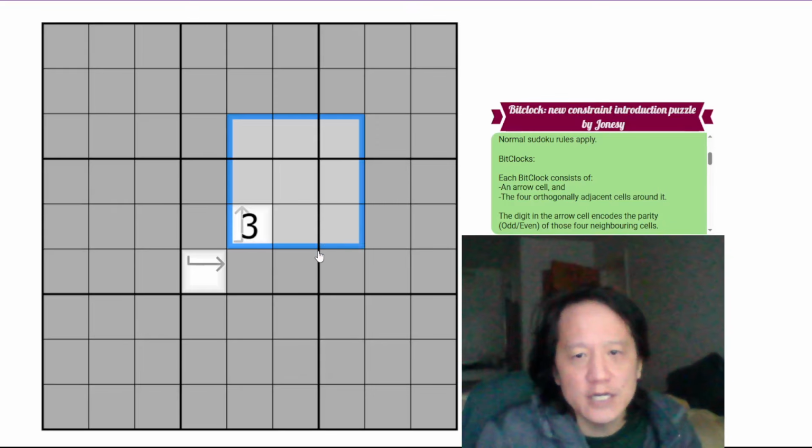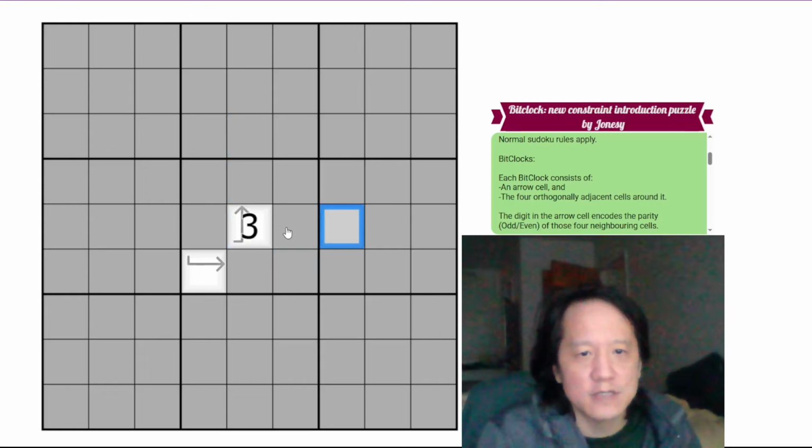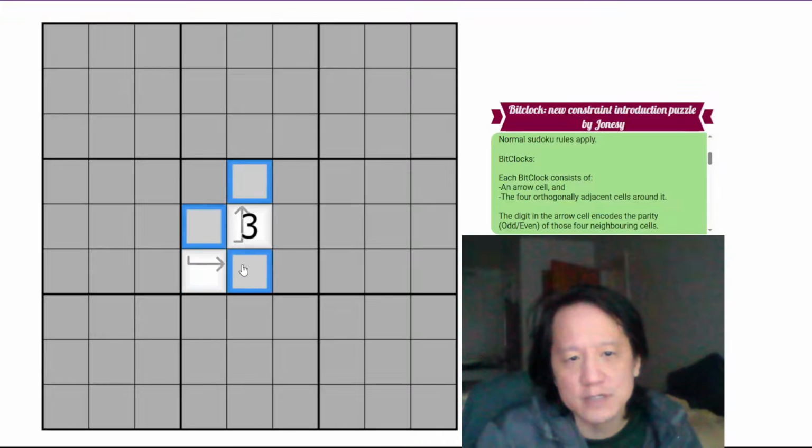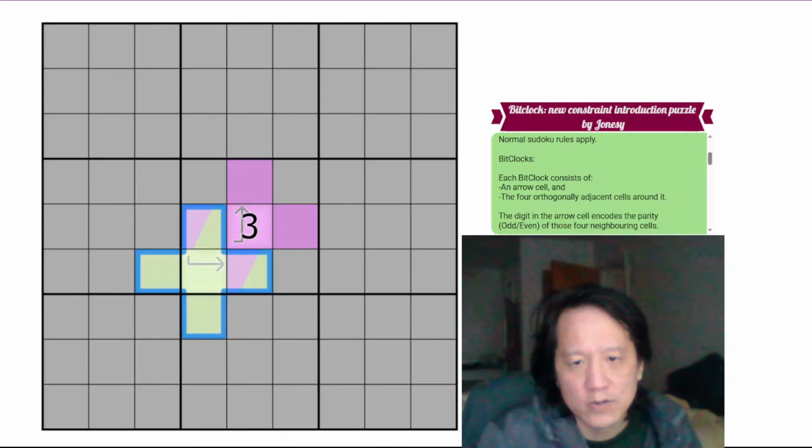Each Bitclock consists of an arrow cell, so they must be including this, and the 4 orthogonally adjacent cells around it, which means the cells that share an edge with that arrow cell. So this is one Bitclock here, and this is another Bitclock here.